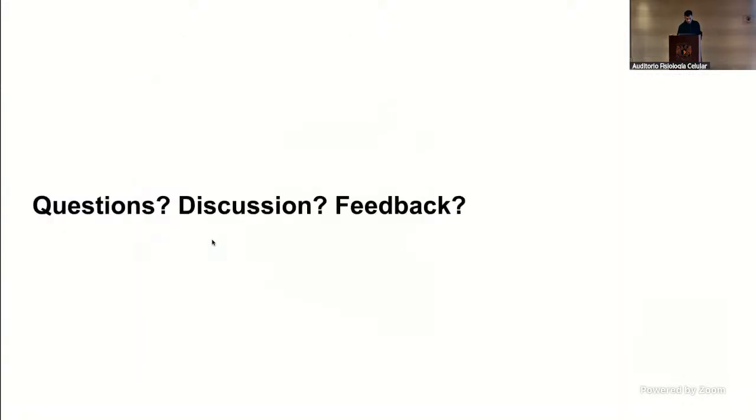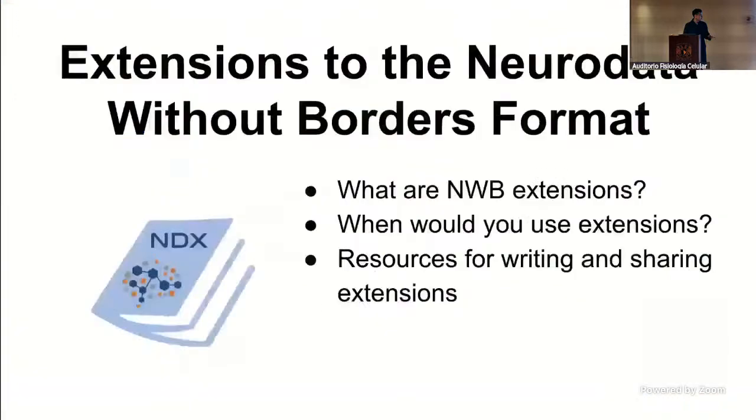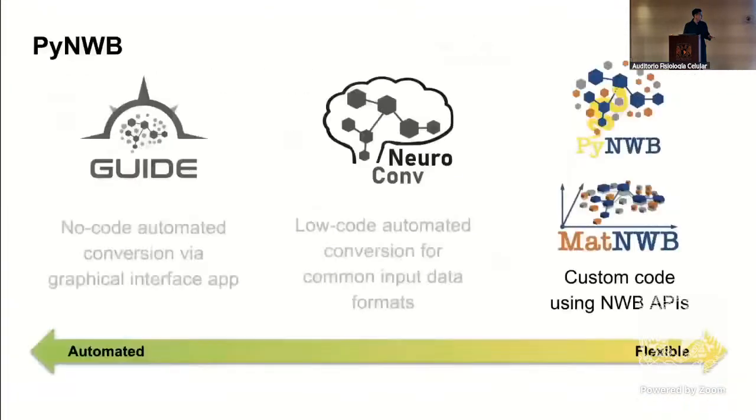So regarding conversion, to summarize, if you want to have your data converted either for your internal use or if you want to publish in the archive, these are the tools that we offer. I think that this diagram is very nice. You can start with a guide that will be useful for most cases, if your experiments are very generic and use tools that are very standard in the field.